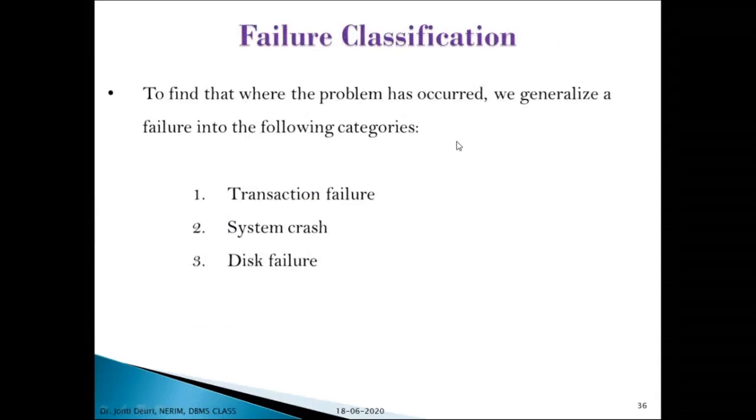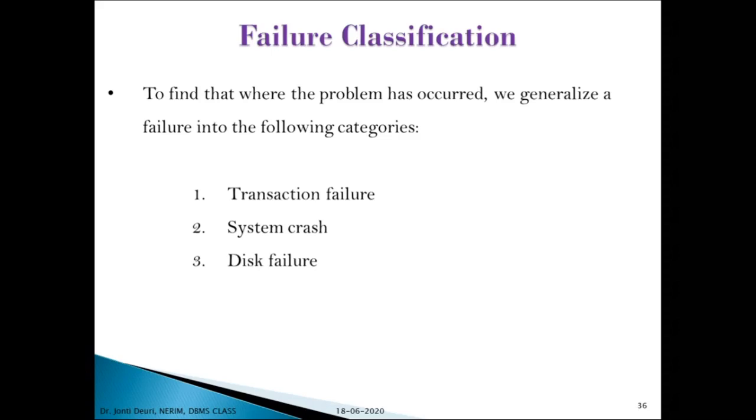So that failure can happen in many ways, right? So that is the classification of failure. So in our DBMS also, when you are running a program, when your transaction is going on, at that time some failure can occur, right?